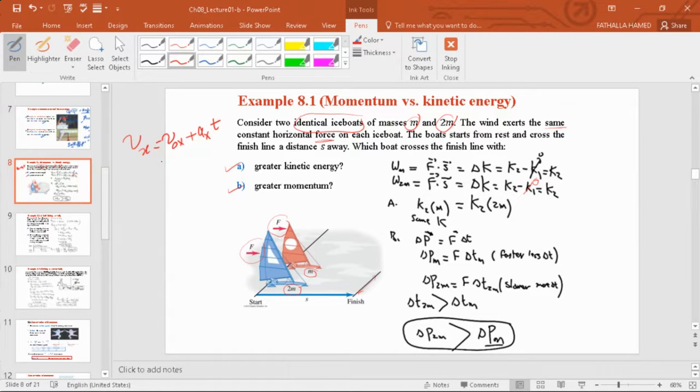They're starting from rest, so this will be 0 here. So you can say that Vx of the m boat, the boat with mass m, should equal the acceleration of the boat with m times t, and Vx of the 2m should equal the acceleration x of the 2m times t.